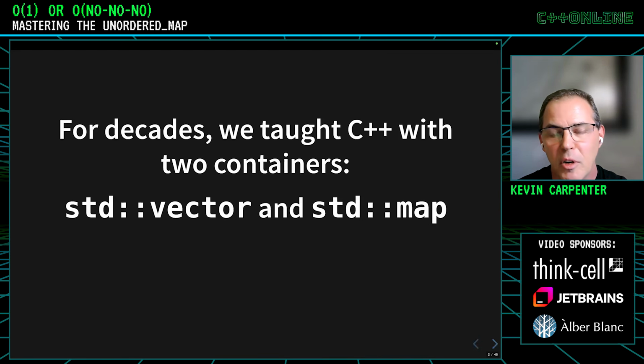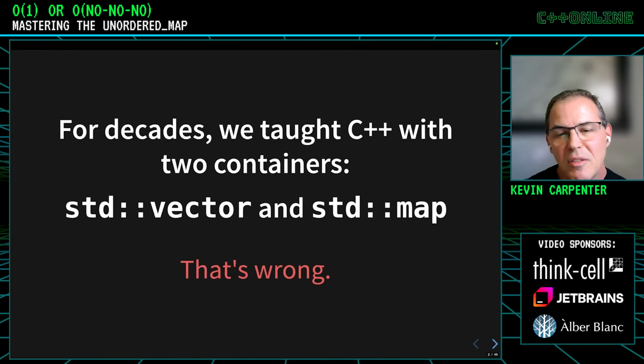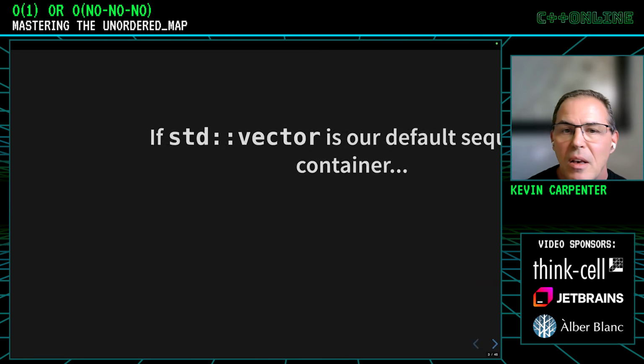Who doesn't love growing an array and not having to do all that stuff manually? But if I wasn't using std vector, which to me is king, then it was std map, right? Key value pair. That's what we would be doing. And so std map, but std map is no longer the queen to std vector. That's just not the way to look at it, I don't think. And we're going to talk about why.